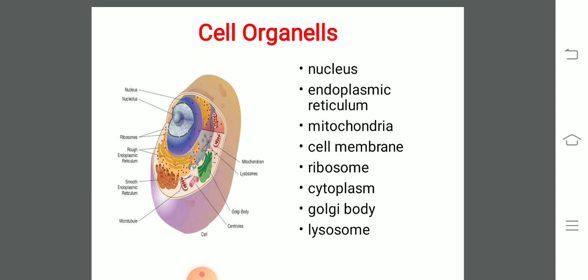Which are the different parts that come under the cell organelles? First is the nucleus, second endoplasmic reticulum, third mitochondria, fourth cell membrane, fifth ribosomes, sixth cytoplasm, then the Golgi body and the lysosomes.